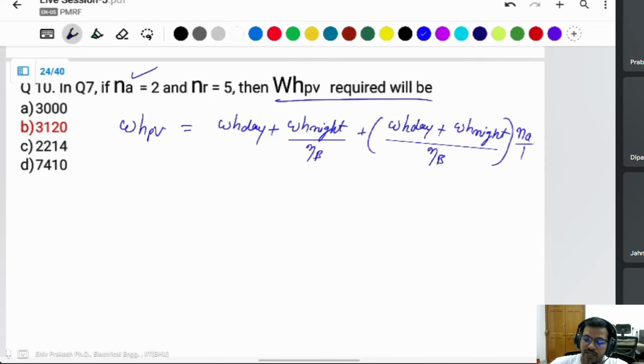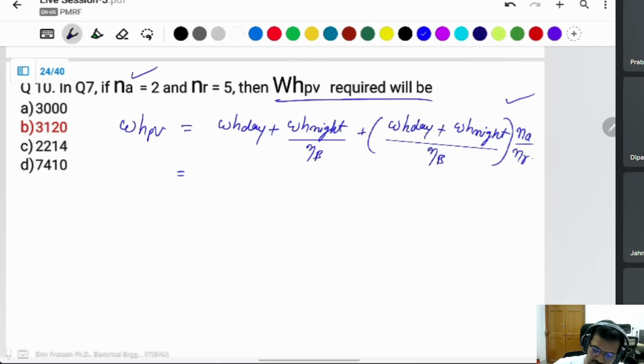But if you want to take it over 2 days, then half of that power is stored in the battery. If you want it for 3 days, then a third of that. If it is 5 days, NR days, you take the NR days to recharge a battery. Then you can give this formula for autonomous day also.